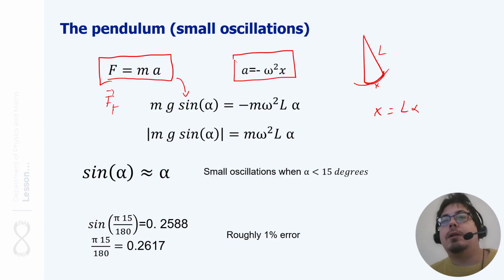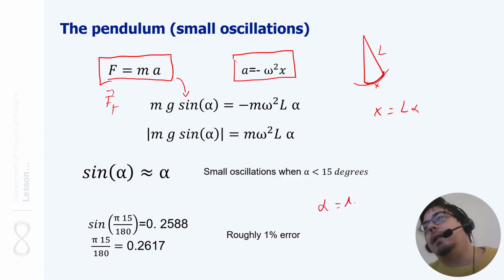And if we only consider the angle converted in radians, pi times 15 over 180, we get 0.2617. It's roughly 1% error. So of course, if the angle is smaller, alpha equal to 10 degrees, we are below that, and if it's even smaller, we get a better approximation.